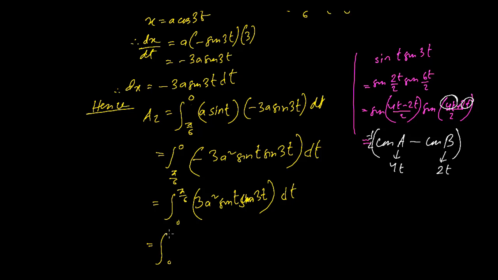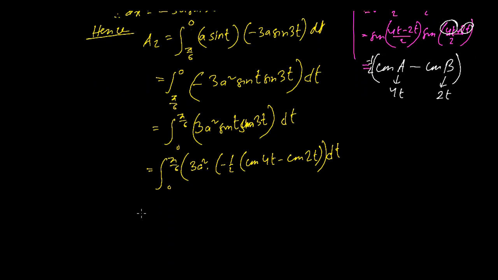So using the identity, 0 to pi by 6, 3a square, this into minus half, cos 4t minus cos 2t dt.